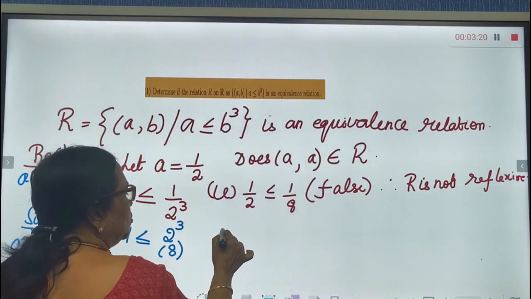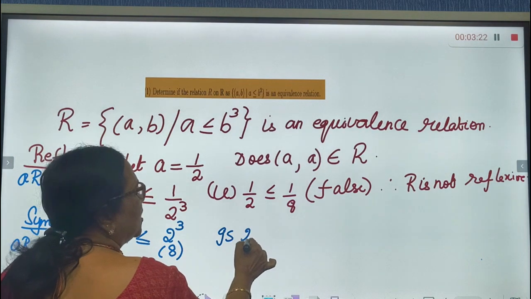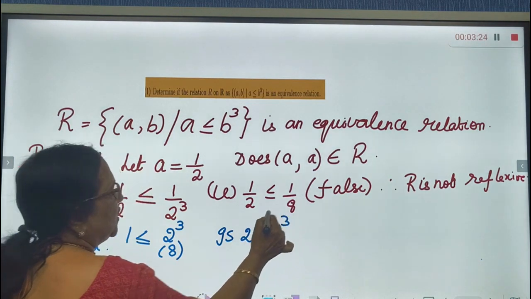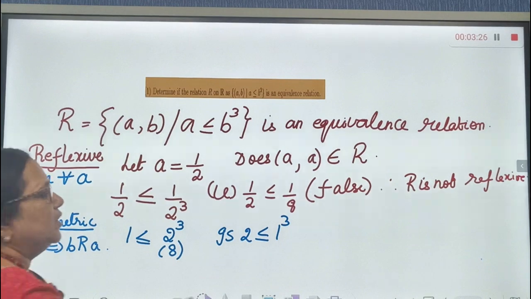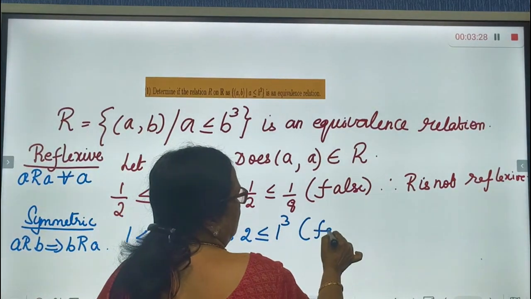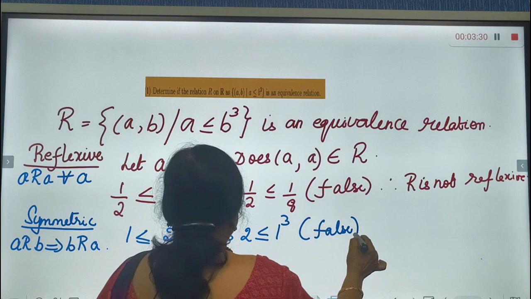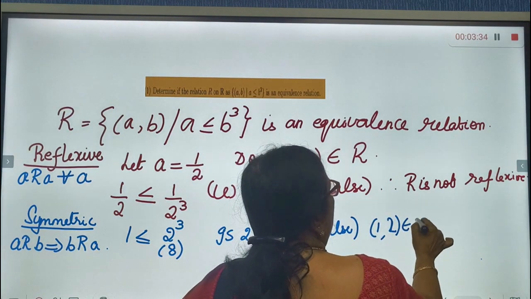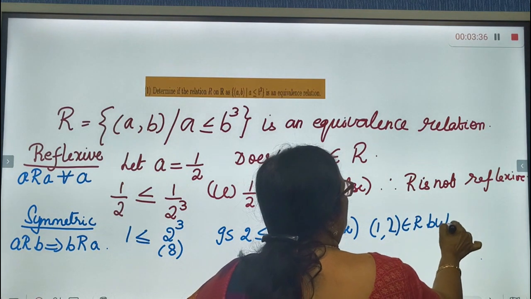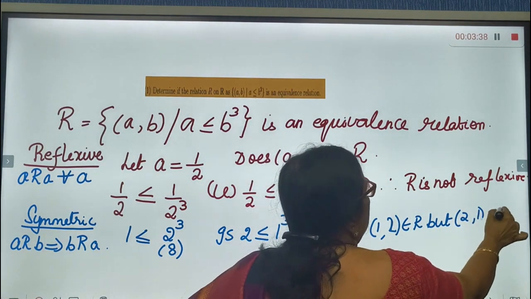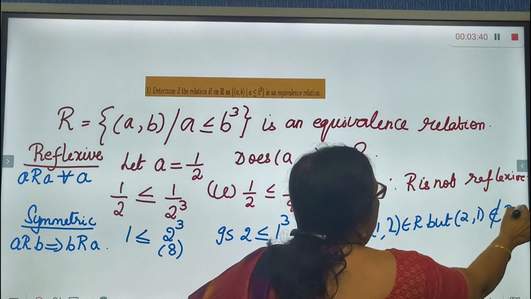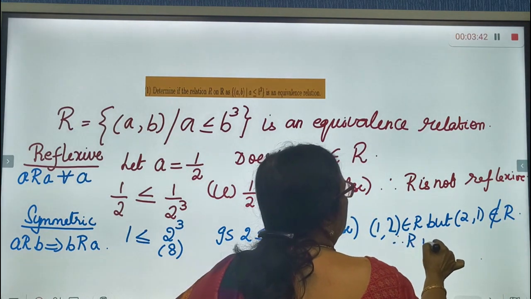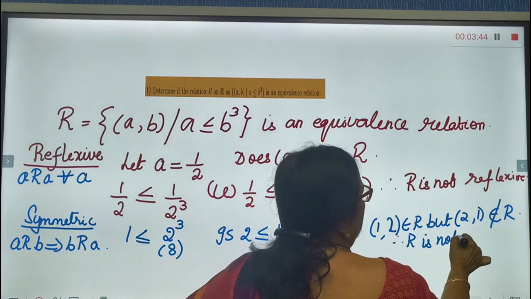What about 2? Is 2 related to 1? Is 2 less than or equal to 1 cube? It's a false statement. So (1, 2) belongs to R, but (2, 1) does not belong to R. Therefore, R is not symmetric.